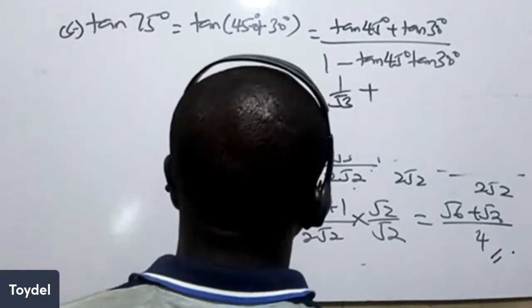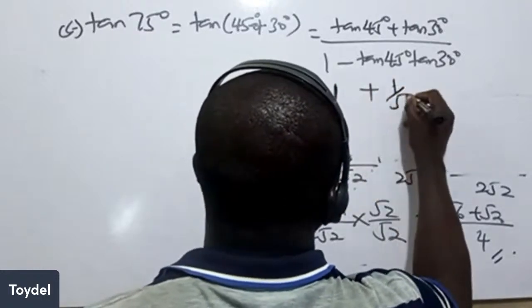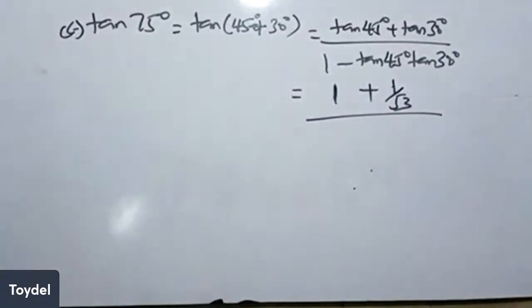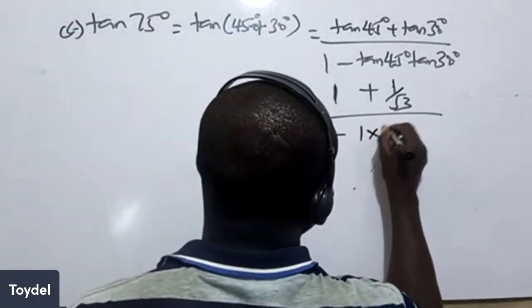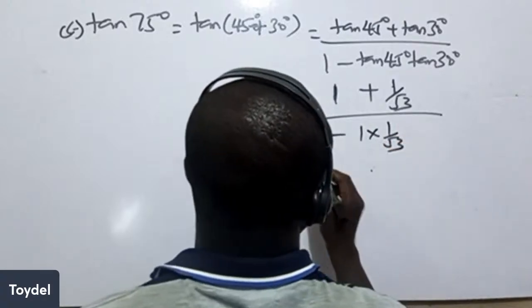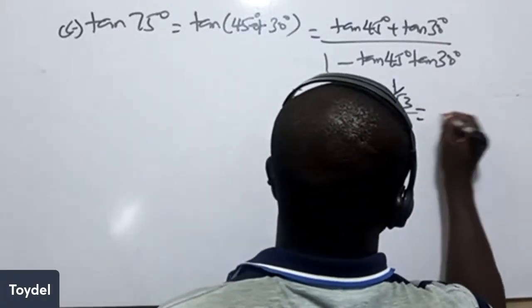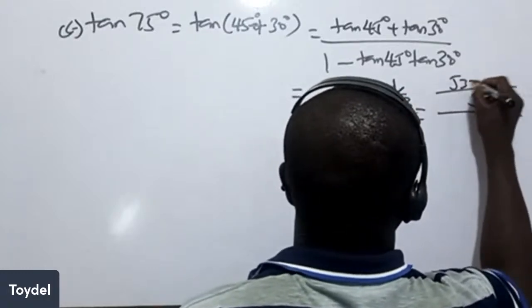Tan 45 degrees is 1. Tan 30 degrees is 1 all over root 3. All over, we have 1 minus 1 times 1 all over root 3. So here we are going to have our denominator. For the numerator, the LCM is root 3, so we have root 3 plus 1.